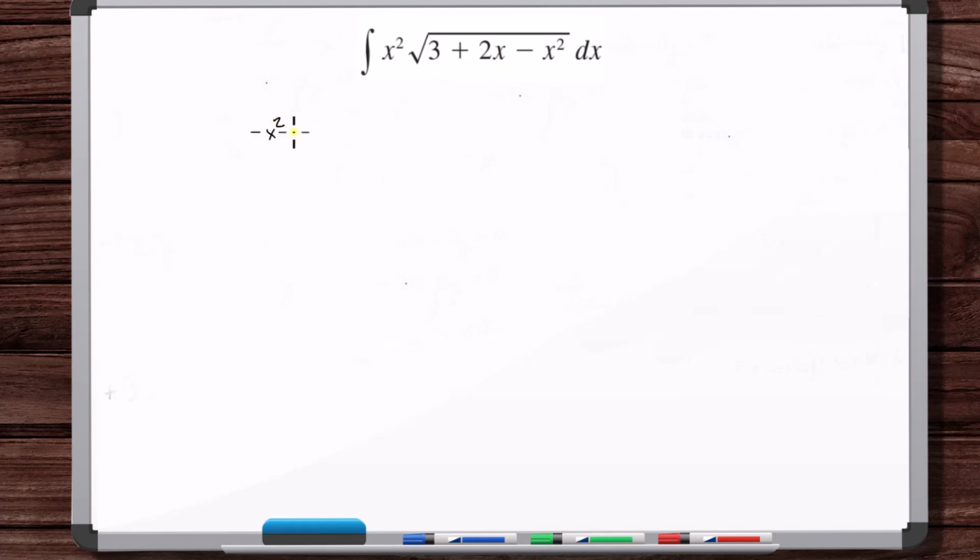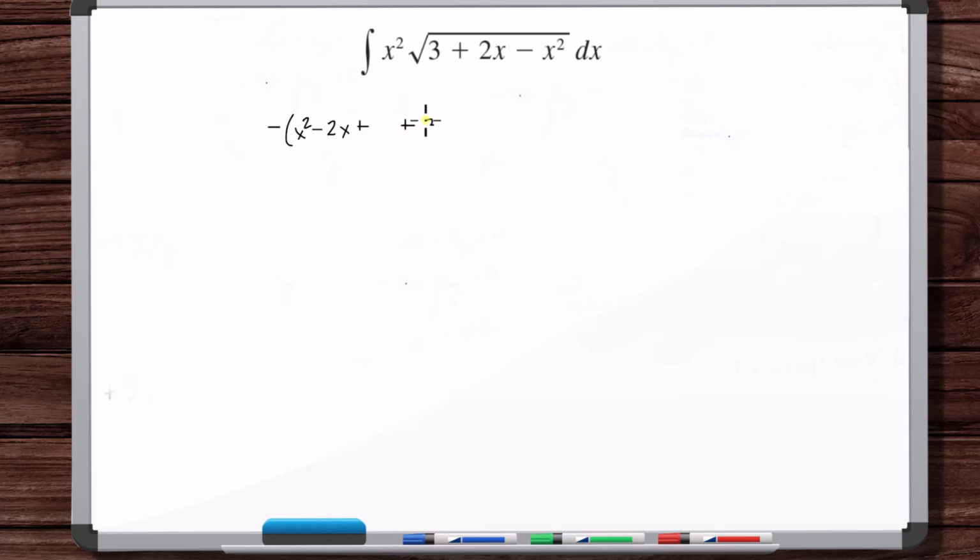So minus x squared plus 2x plus, and then we'll leave a gap. You can't do it, there's no such thing as a perfect square trinomial with a minus coefficient out front like that. So let's factor out a minus.